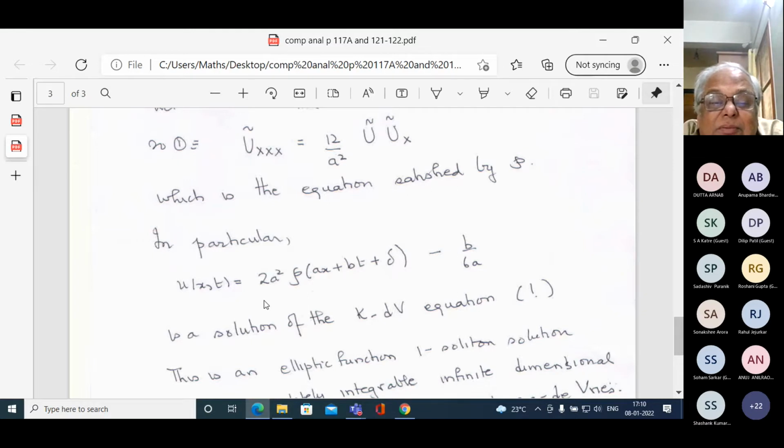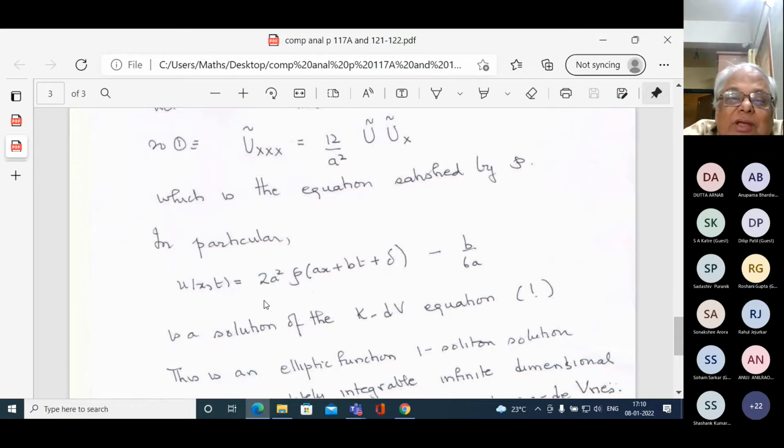So what am I trying to tell you? I'm trying to tell you that the Weierstrass's P function gives you a solution of the KdV equation. Notice there's something here, okay? A is supposed to be that a squared P. The a squared is the amplitude of the wave.